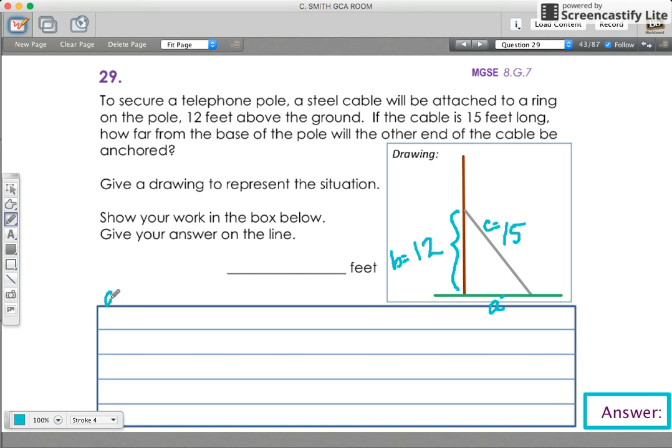So again, we're going to use our Pythagorean theorem, A squared plus B squared equals C squared. A squared is what we're looking for, plus B squared, 12 squared, equals 15 squared. A squared plus 144 equals 225.